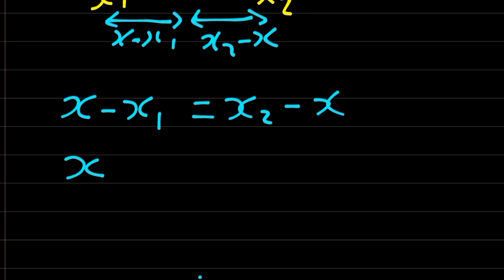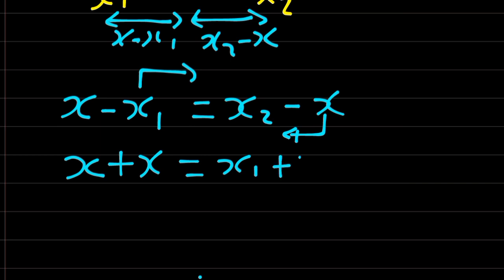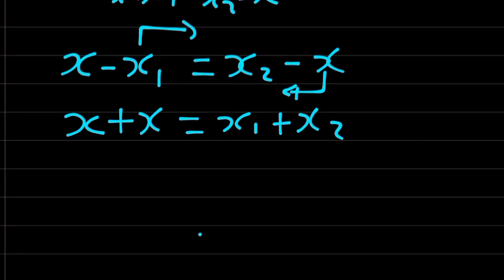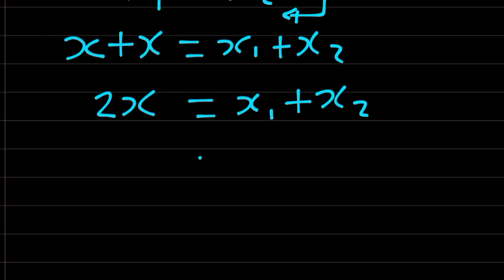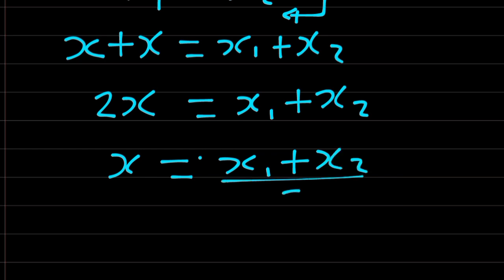Therefore, let's make x the subject of the formula. We have x. Let's take this other x to the other side. We have x plus x, and take x1 to the other side is equal to x1 plus x2. So we have 2x is equal to x1 plus x2. Divide both sides by 2. We have x is equal to x1 plus x2 over 2.